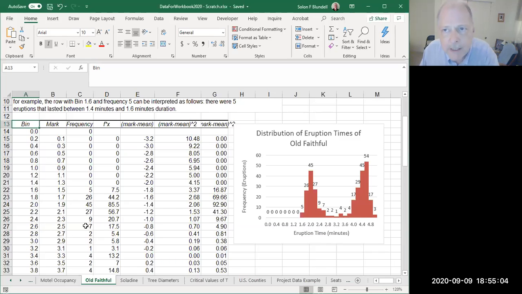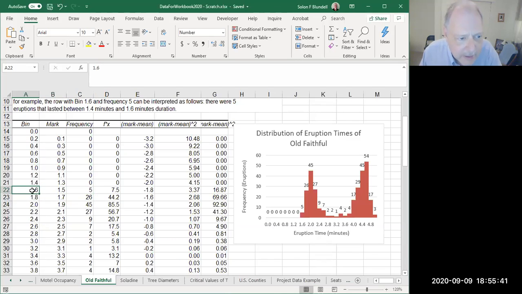Now, that doesn't mean that those eruptions lasted exactly 1.6 minutes, because looking over here, the class width is 0.2 minutes, and so if an eruption lasted anywhere between 1.4 and 1.6 minutes, it would belong to this class.